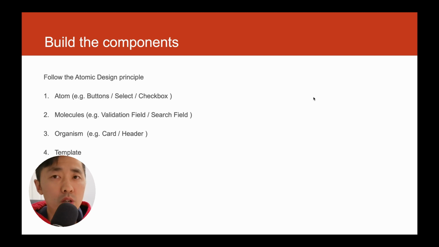For our case, it should be a highlighted area with an arrow box pointing to the center. And template. For example, a page is one instance of a template. Since we had all the atoms and molecules ready in the app, what we need to concern ourselves with is just the organism.